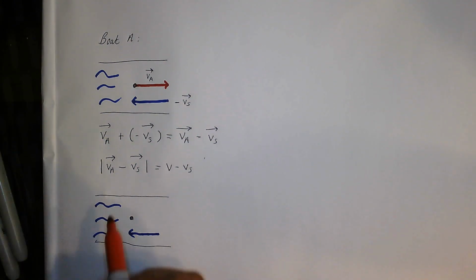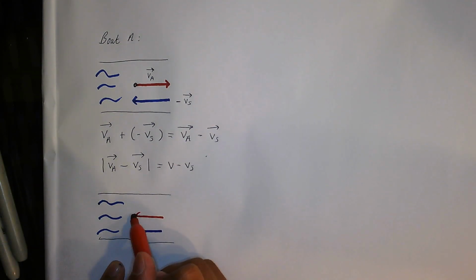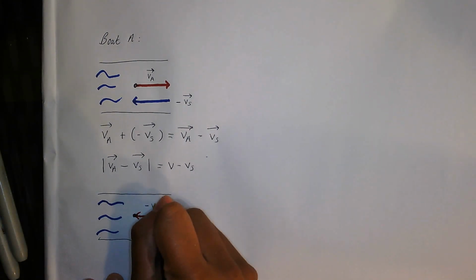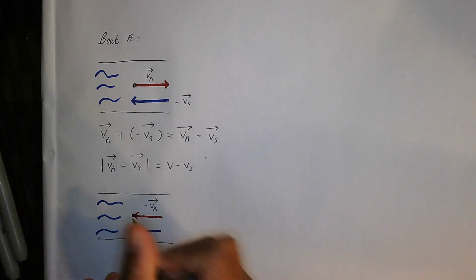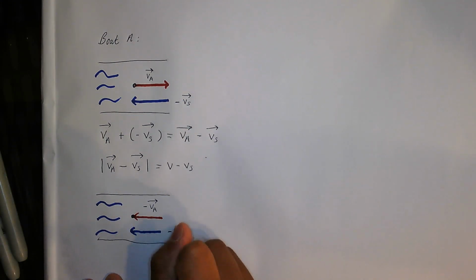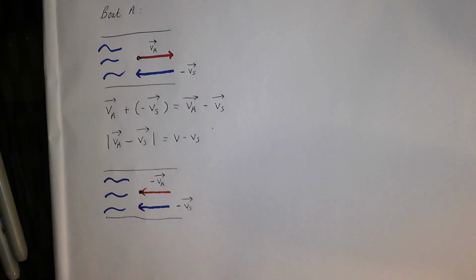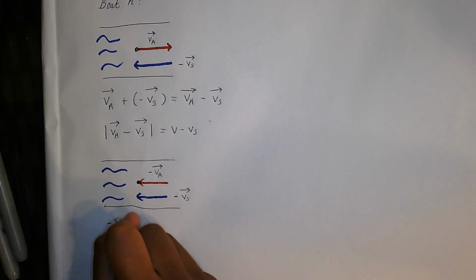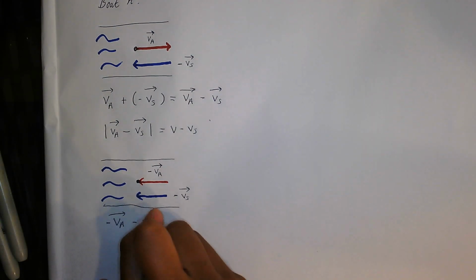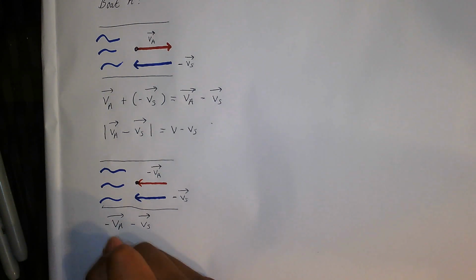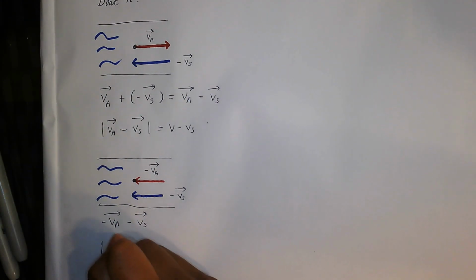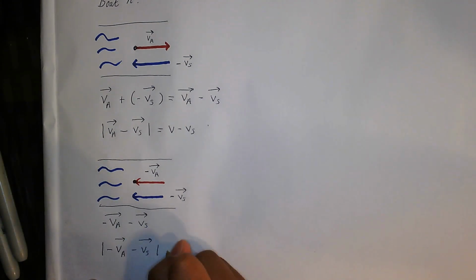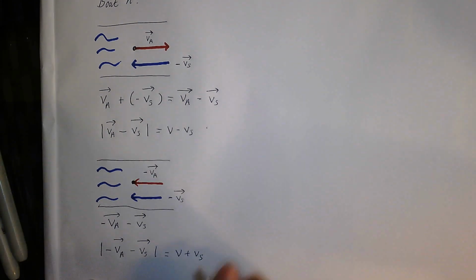This time boat A is moving towards the buoy, and the boat's velocity is no longer VA, it is negative VA because it is moving in the direction opposite to what it was before, and the stream velocity is still negative VS. Once again we have to work out the resultant velocity, so that is minus VA minus VS, and the magnitude of this is simply V plus VS.